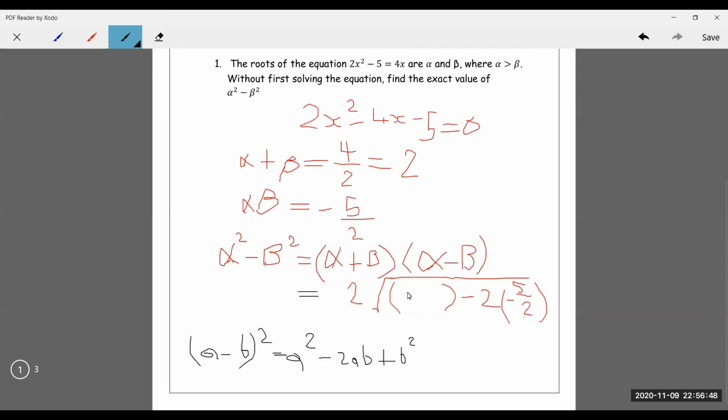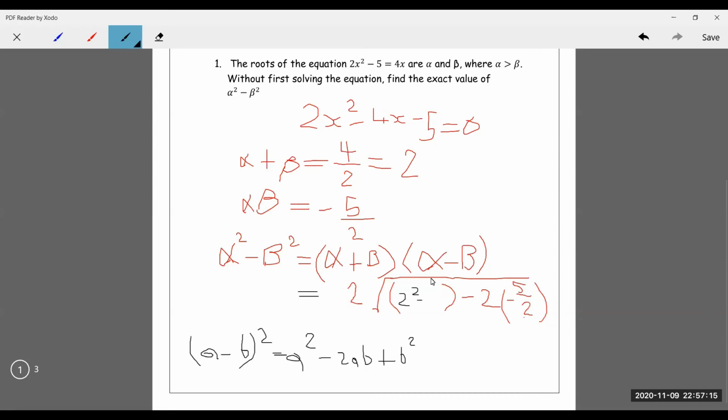So alpha plus beta all squared is 2 squared, minus 2 alpha beta, which is minus 2 times minus 5 over 2.